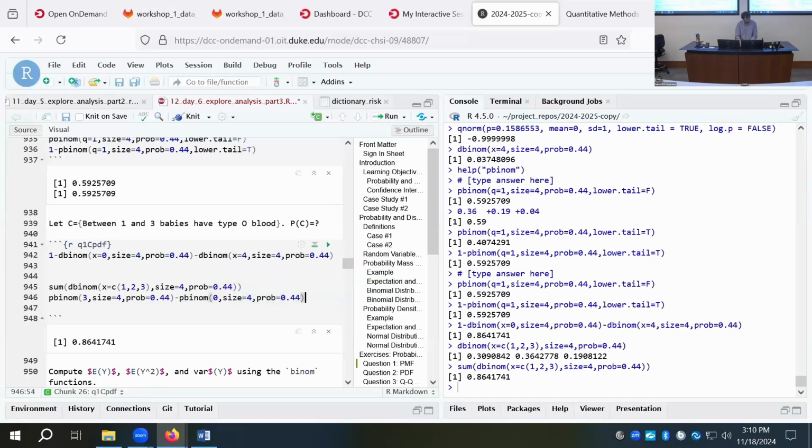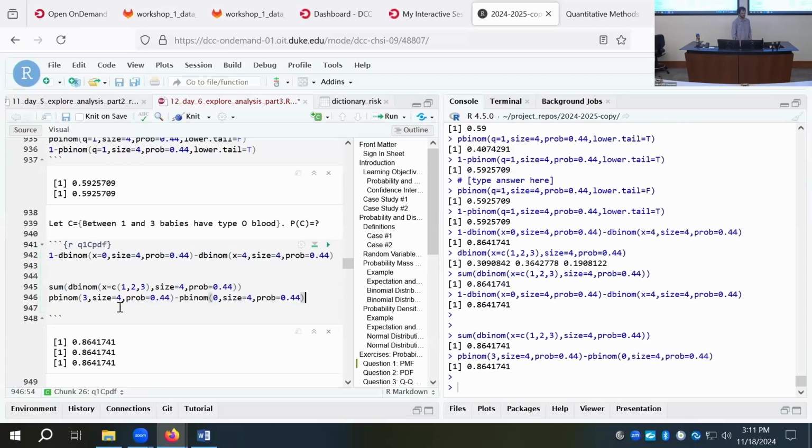This should give me the same value. This third one is thinking in the same way as the area under the curve, that shading we were doing, right? We want 3 or less, but 1 or more. So if we subtract out the 0 part, we'll get this value as well.